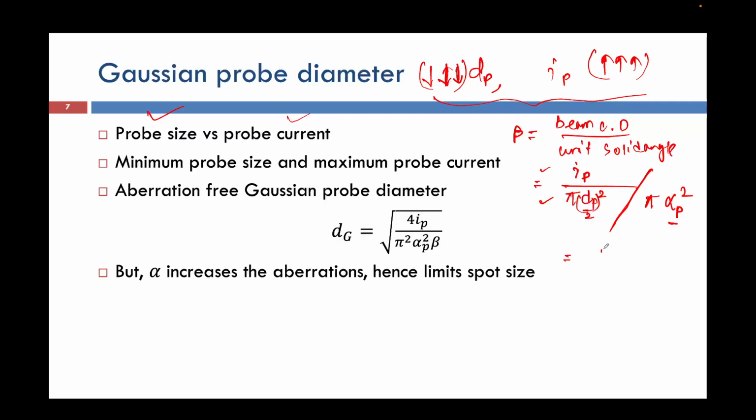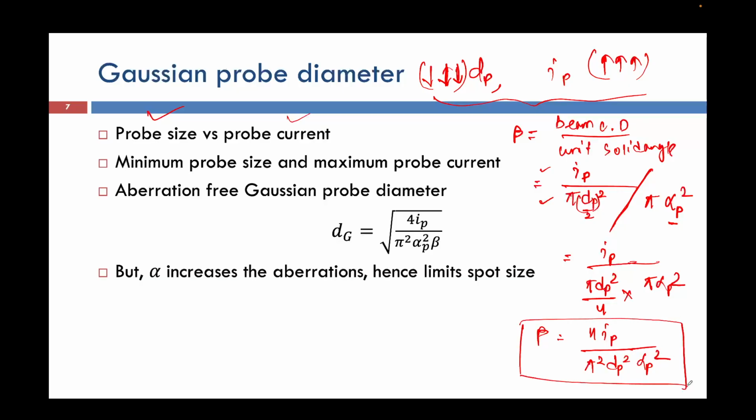So this term is Ip divided by pi dp square by 4, divided by pi alpha p square. If I take this 4 up, then I will get 4 Ip divided by pi square dp square alpha p square, right? This is what I will get for beta, that is the brightness of my final probe, right?